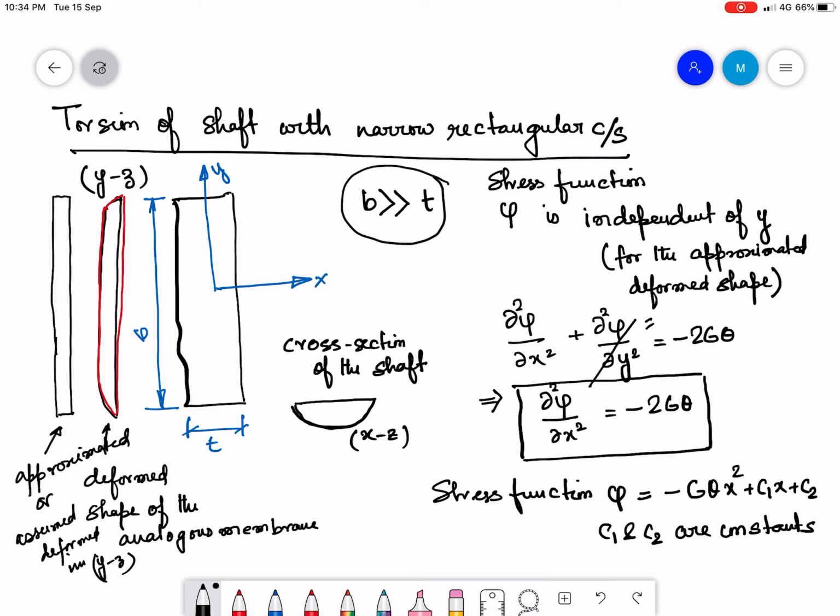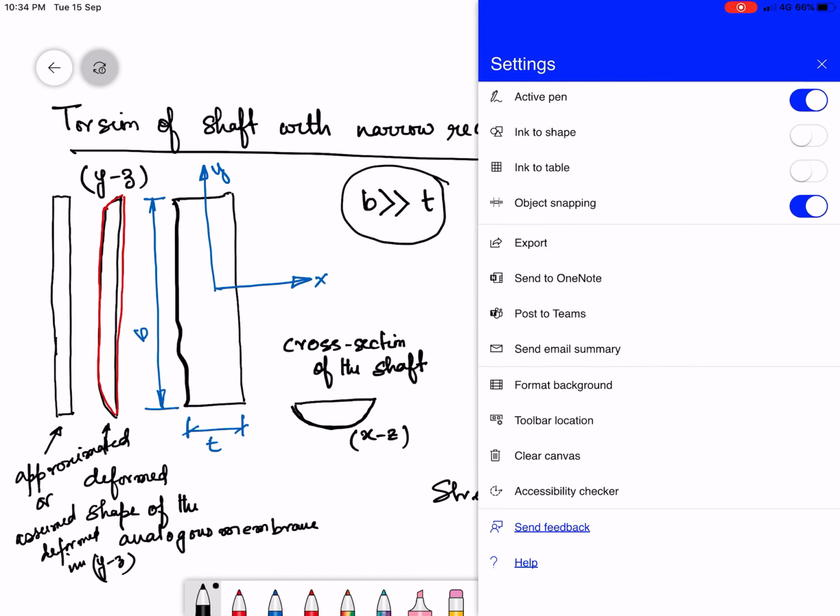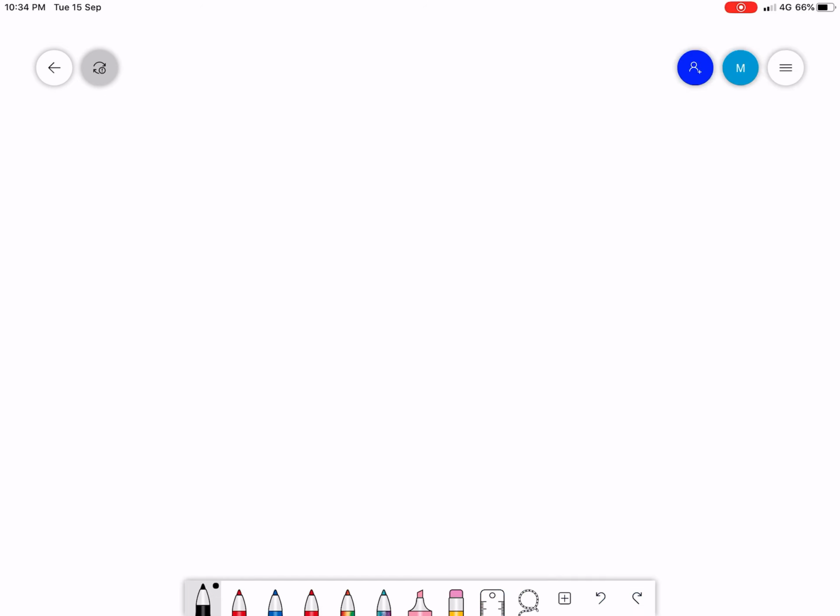Fine. Now our next job is to find C1 and C2. So, I have phi of x equal to minus G theta x square plus C1 x plus C2.